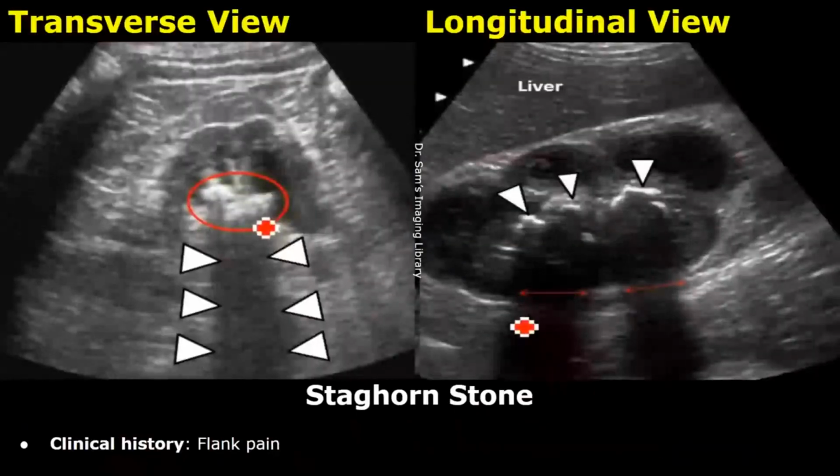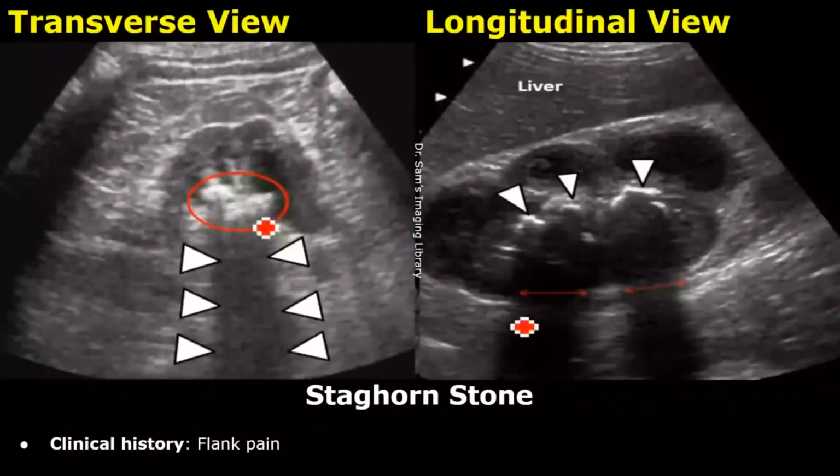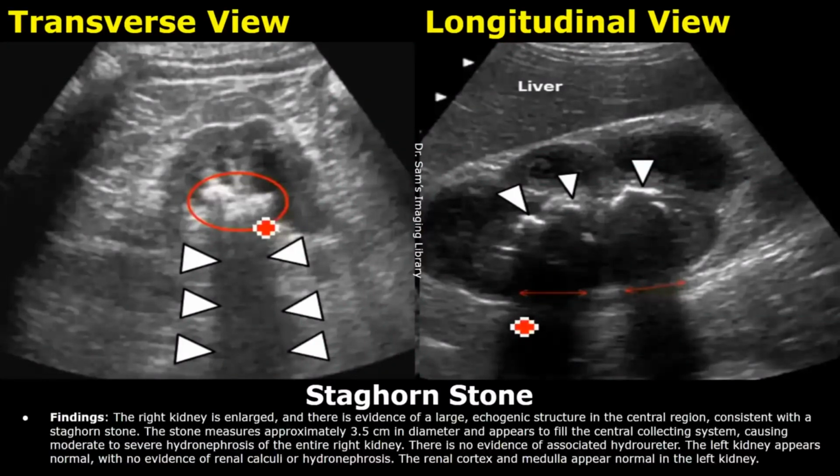This is a case of staghorn stone. The clinical history was flank pain. You can write the size of the kidney, and then you can write there is evidence of a large echogenic structure in the central region consistent with a staghorn stone, and after that you can write the size of the stone and its location, and if it is causing hydronephrosis you can write that.